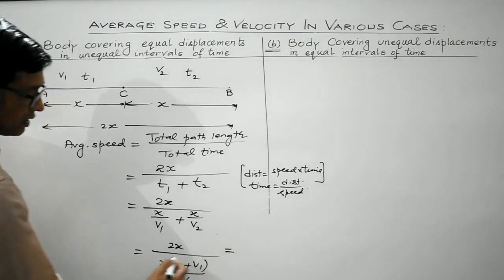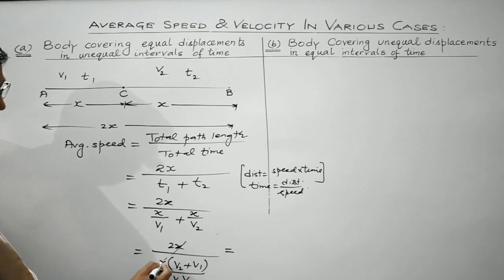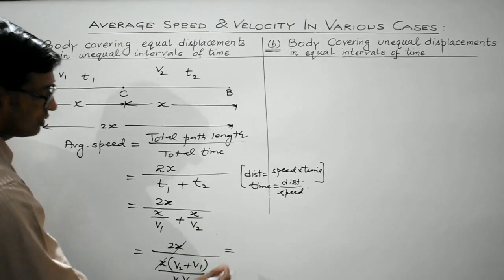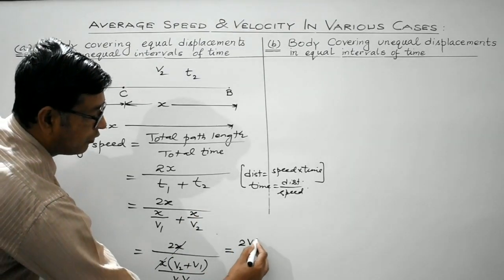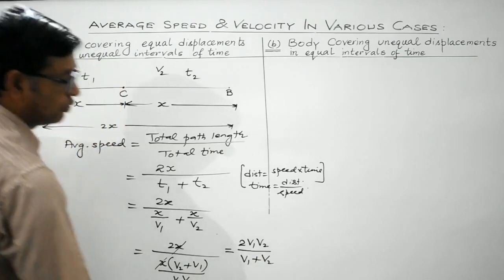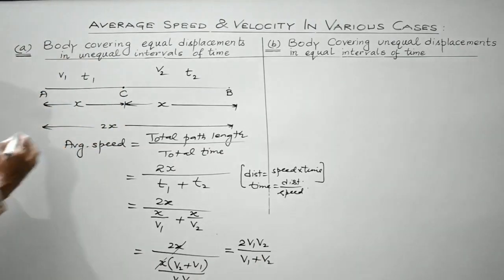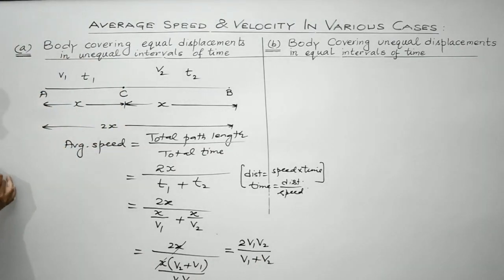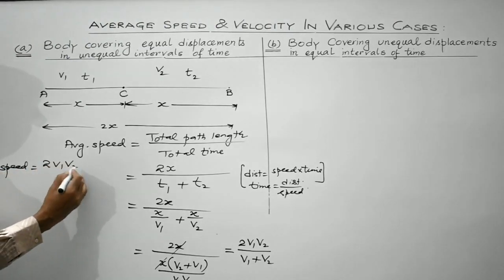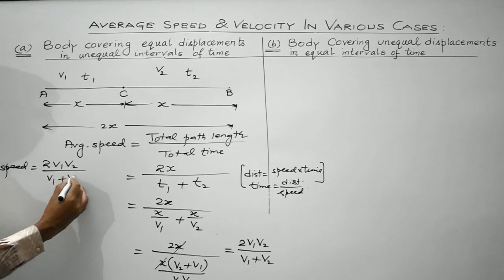On solving, the x's get cancelled, and it becomes the reciprocal. So average speed is equal to twice v1 v2 divided by v1 plus v2.